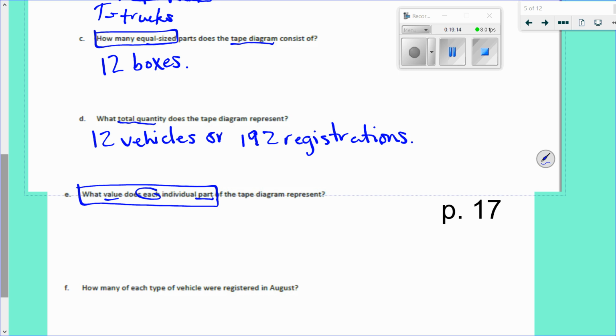Okay. So again, back to our tape diagram. What does each individual box represent? Sean? So what does one box represent?